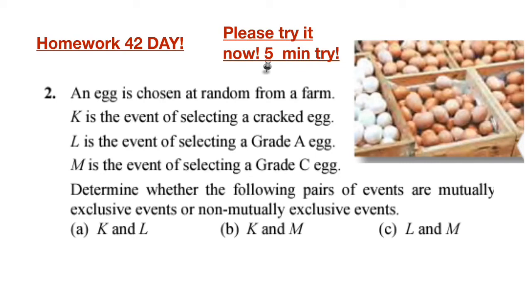Determine whether the following pairs of events are mutually exclusive events or non-mutually exclusive events. A, K and L. B, K and M. C, L and M. So please try on your own. Later we will discuss the answer.